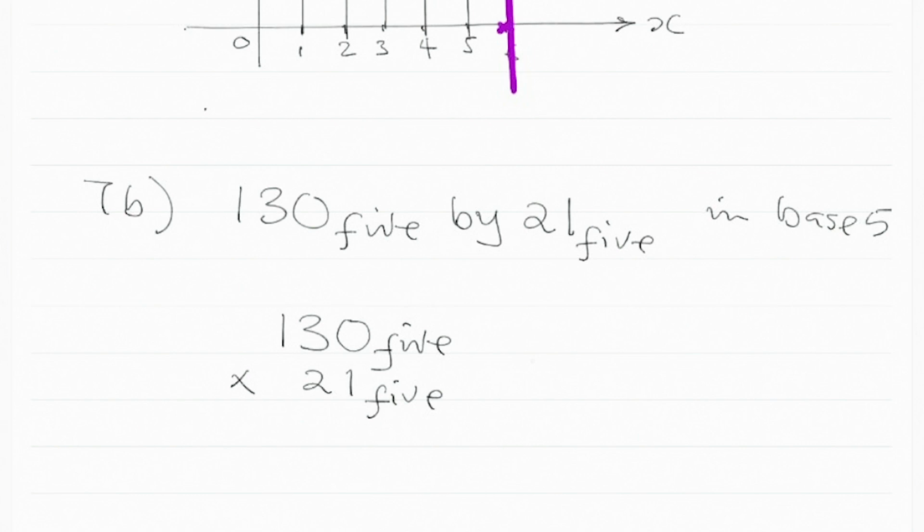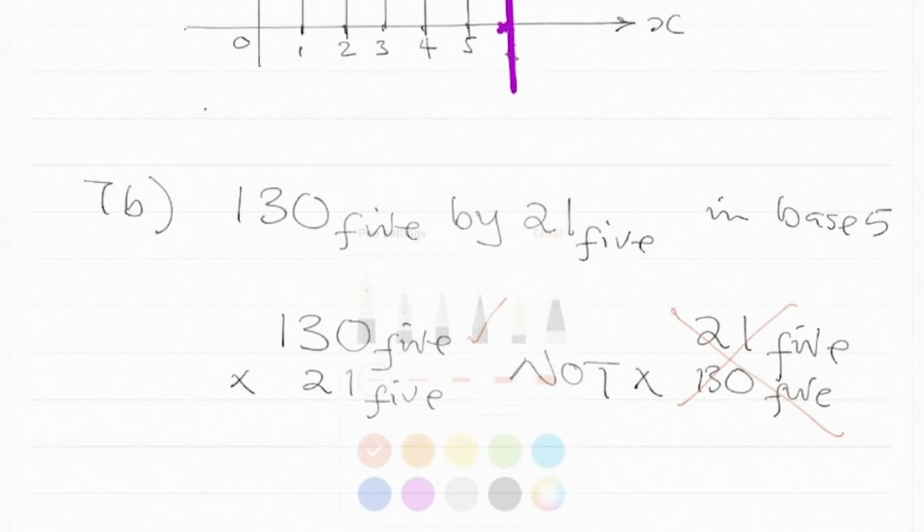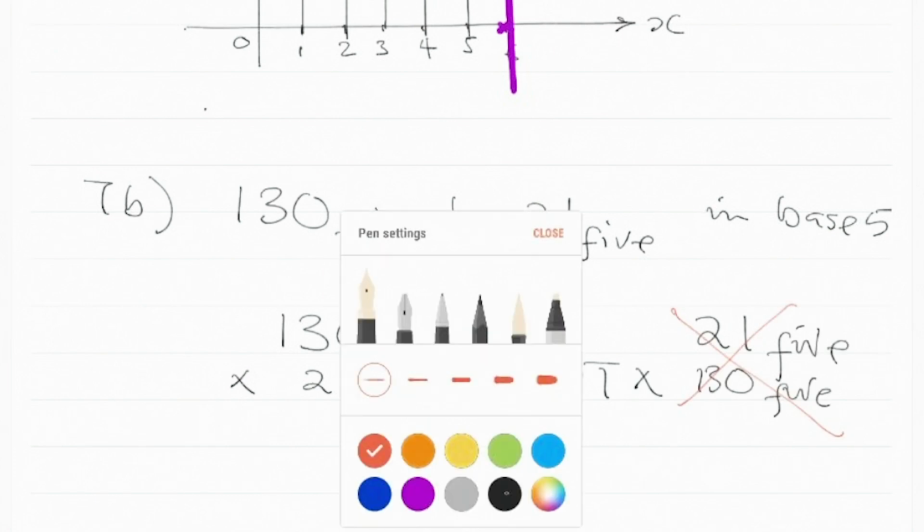And not 2, 1, base 5 times 1, 3, 0, base 5. This must never be done. This is how you work them out. The one with the most place values is put on top and the next one at the bottom.